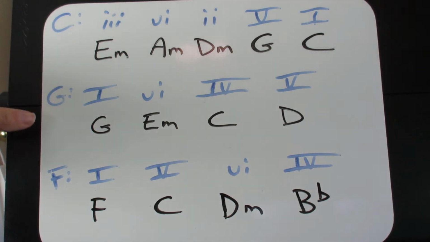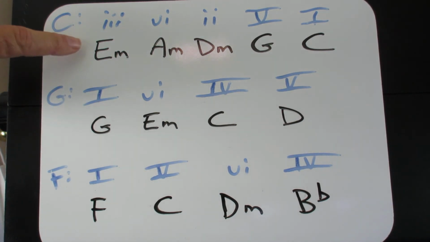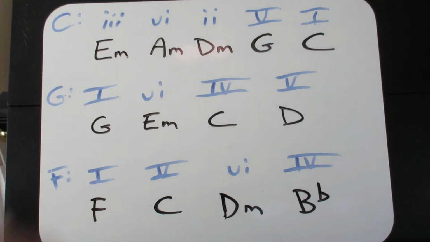The next one here is, oh, by the way, if I wanted to do this same progression in the key of G, I could go 3, 6, 2, 5, 1 in G, which would be B minor, E minor, A minor, D, G. So I could change the chord progression to a different key by thinking about the Roman numerals. So if I start to think about 3, 6, 2, 5, 1, that tells me how the progression works, and I can move it to any key that I want to.